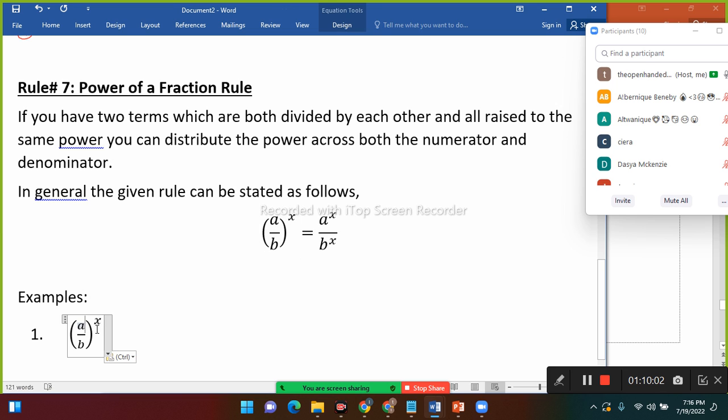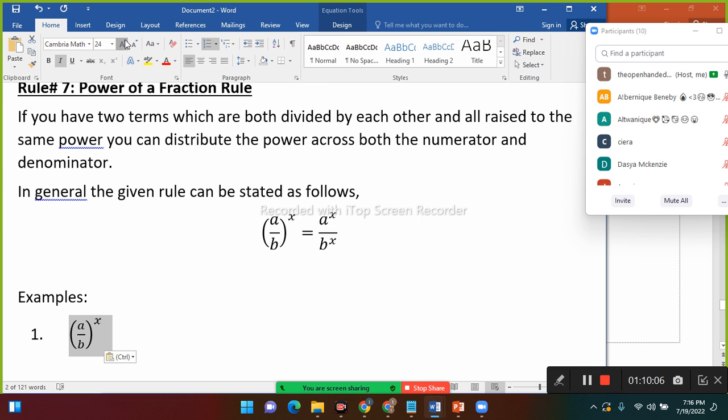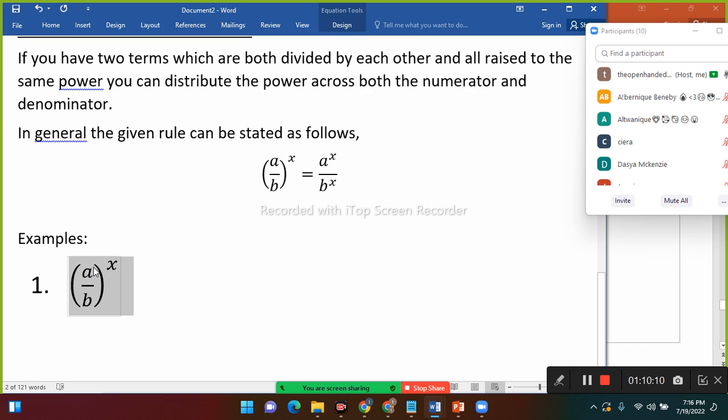Let's say we have 2 over 17, all raised to the power of, say, 4. What's the answer going to be?